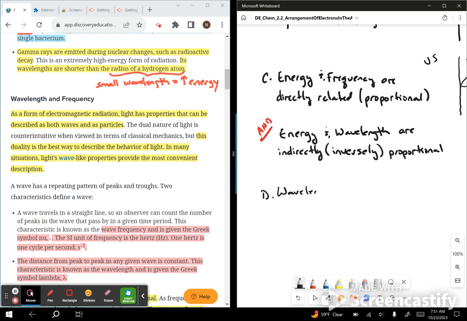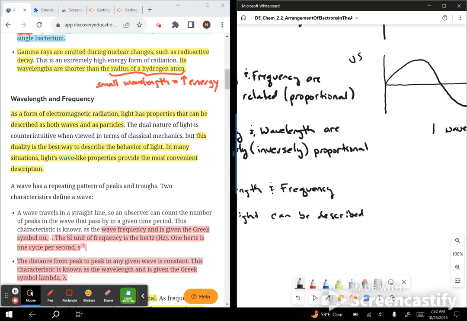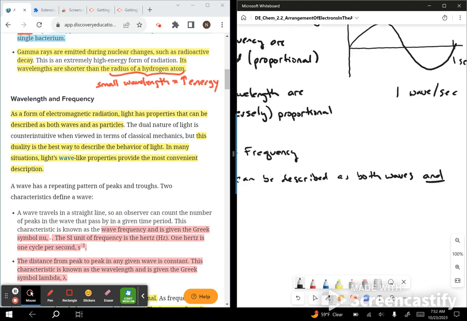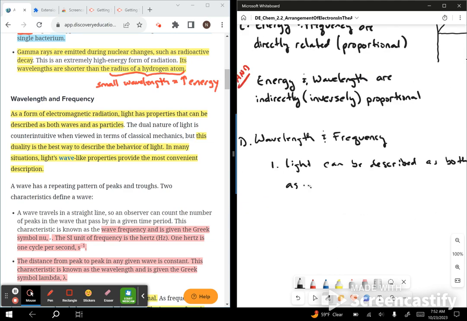Wavelength and frequency. We're going to say number one, light can be described as both waves, and for the most part we usually describe it that way, as waves, and as particles.